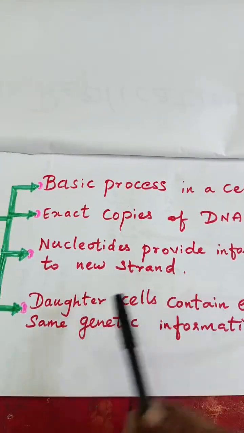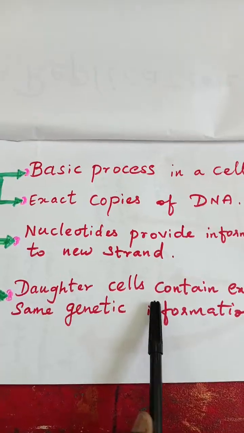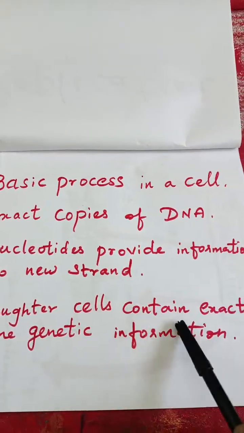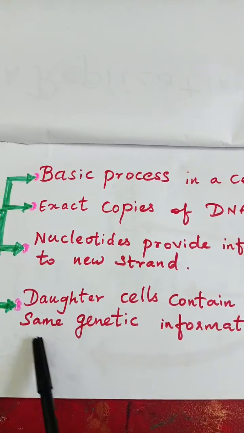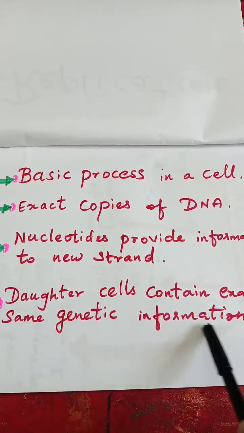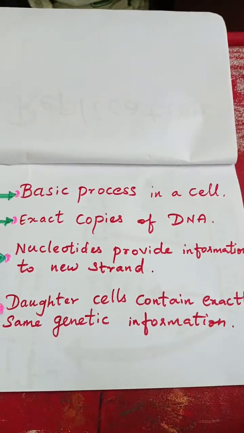And then the daughter cells know that they are the daughter cells from the parent one. They will contain exactly the same genetic information. That is the replication introduction. Clear?